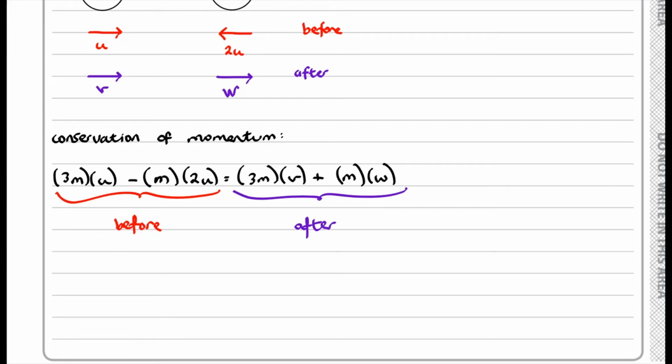And you may remember Newton's law of restitution. That's defined as follows. For Newton's law of restitution, we have E equals the speed of separation over the speed of approach.